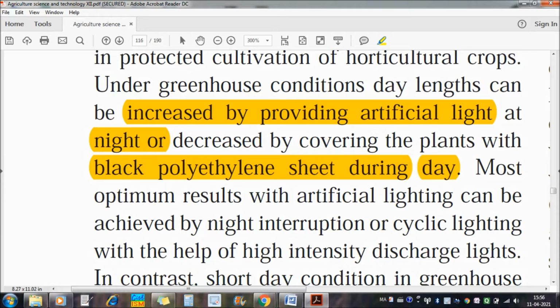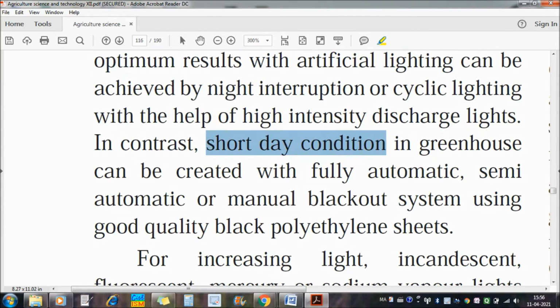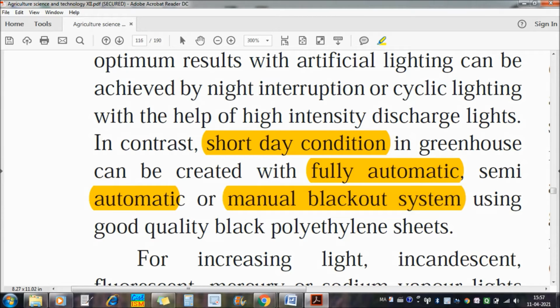Now, in a short day condition, in the period where the light is of less hours, a fully automatic, semi-automatic or manual blackout system can be used. For that purpose, we can use black polythene sheets.